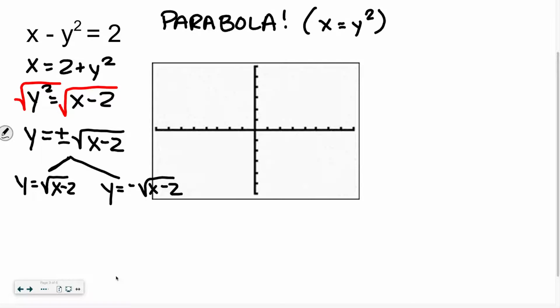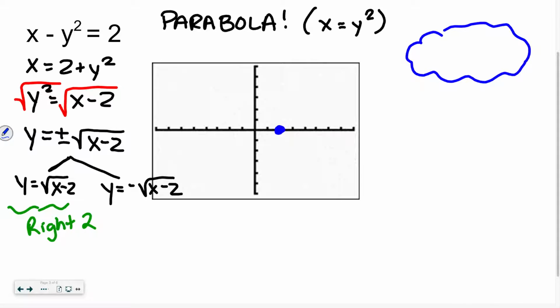Okay. So, if we wanted to graph them, I'm usually just going to start with, like, the positive one. What transformation has to happen? It's got to go right 2. I'm gonna plot my starting point for my square root graph, right 2. And then remember my little thought bubble. I'm always thinking about, okay, I would have 0, 0.